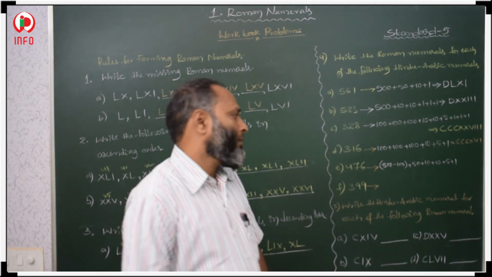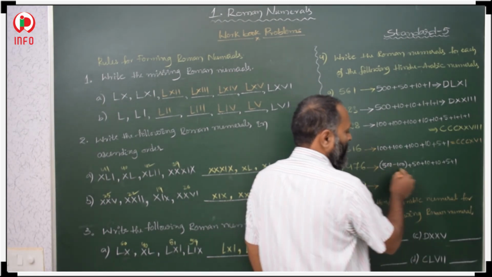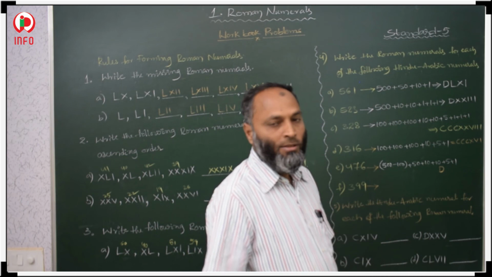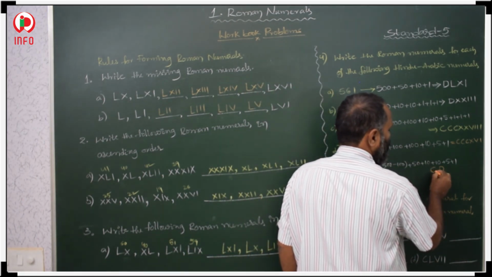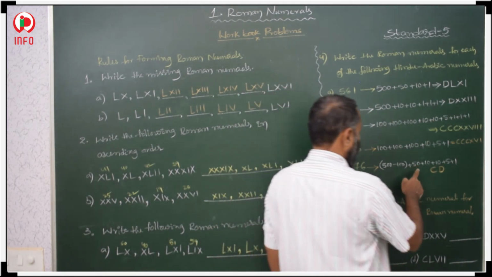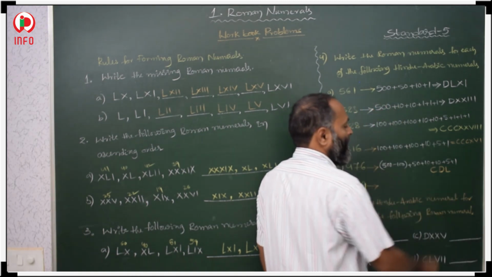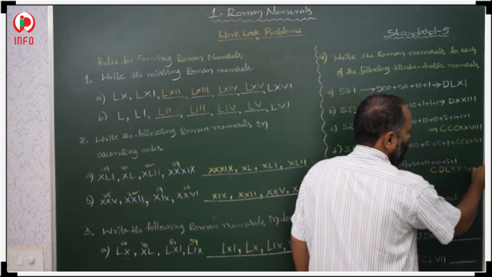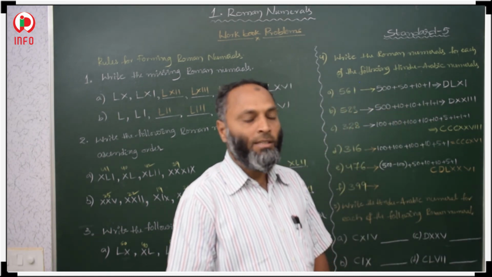Then 500 means D, but 100 is in minus, so that number we have to put before. So 100 means C. CD means 400. Then L means 50, X, X is 70, V is 75, I is 76. In this way we have to write 476.